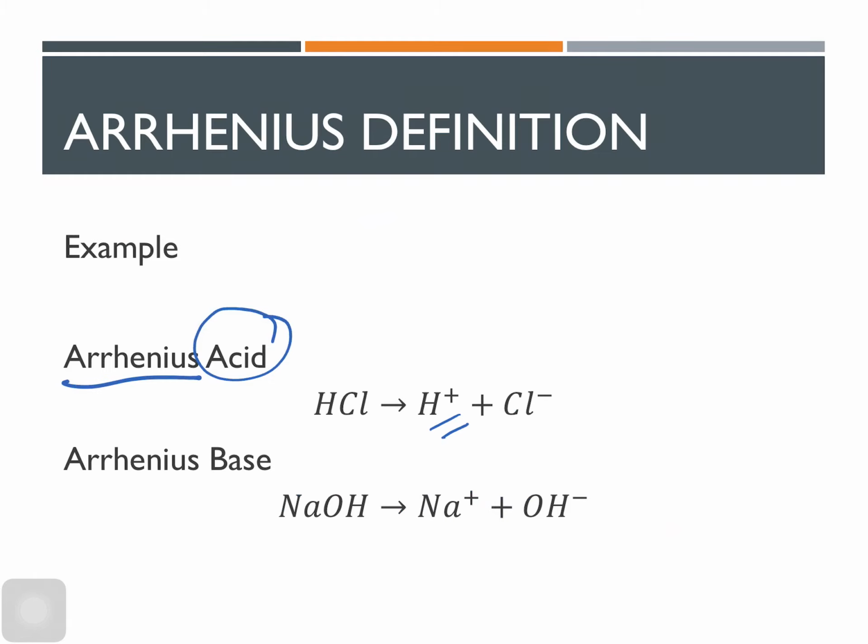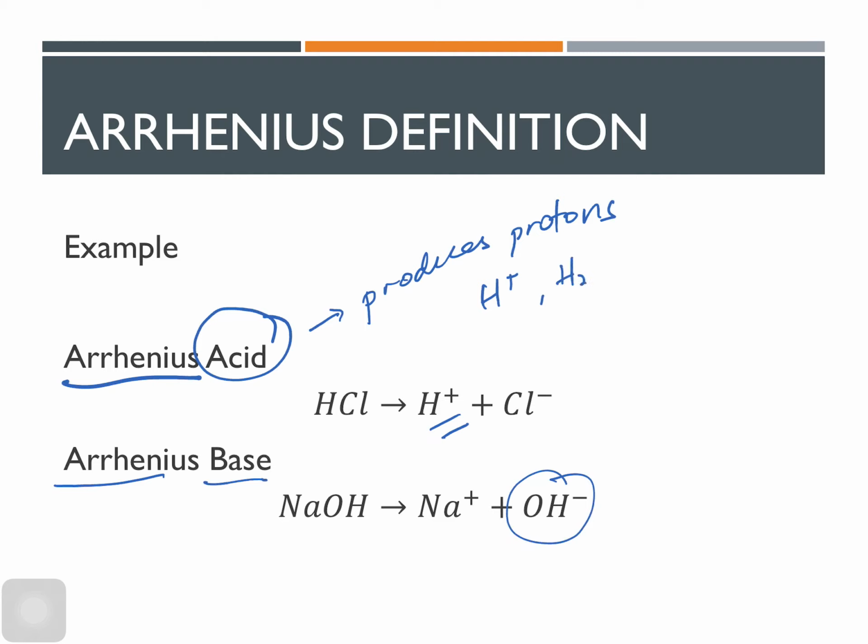On the other hand, sodium hydroxide produces hydroxide ions. That means it is an Arrhenius base. So for acids, it produces protons or H plus or H3O plus, whatever you want. And for bases, it produces OH.